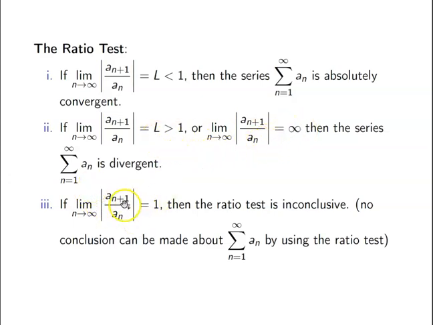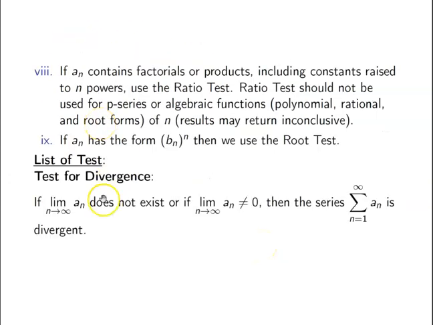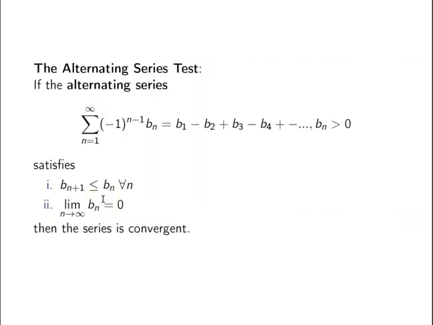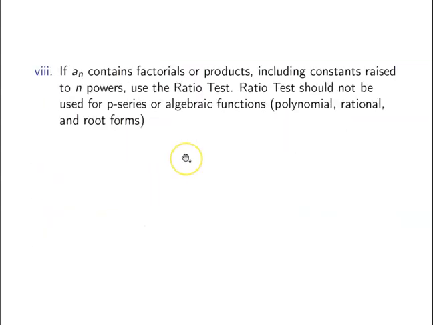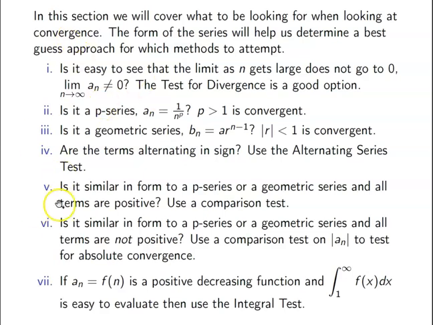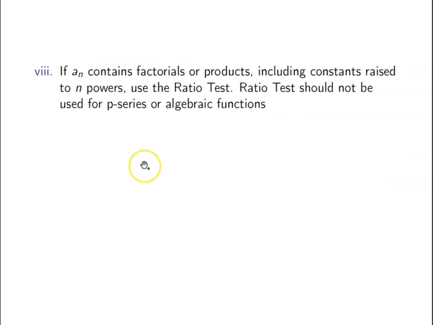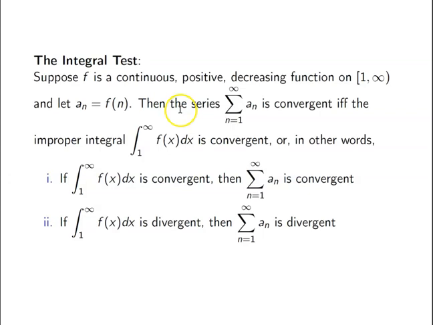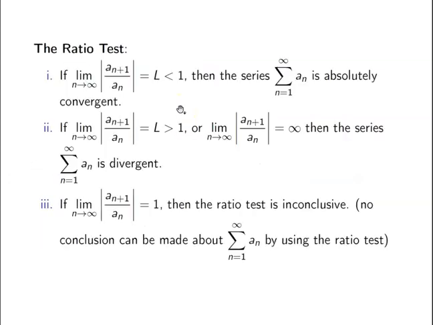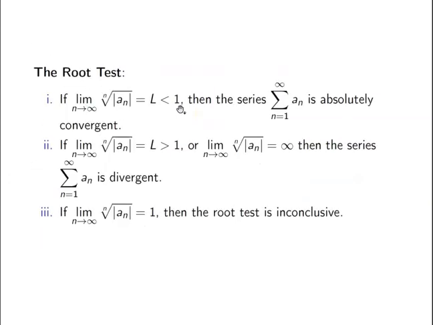And if the limit is equal to 1, then I have an inconclusive test, meaning that no conclusion can be made based on this test, and I would have to then go apply one of these other tests, right? Something that maybe is more appropriate, which we can determine by looking at this list of 9 guidelines.